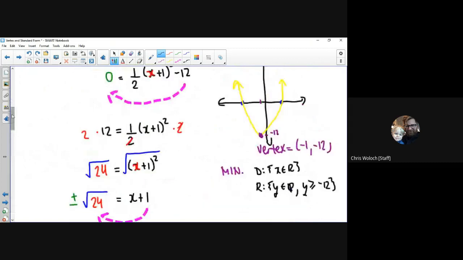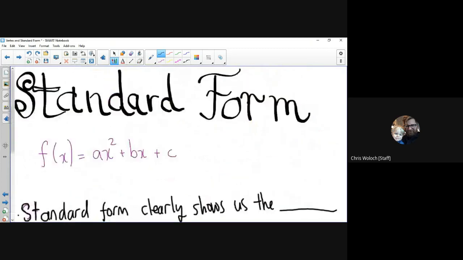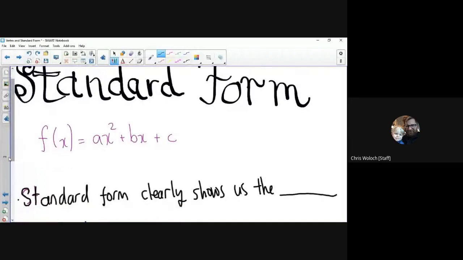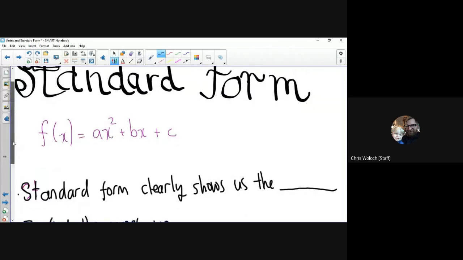Now we're going to talk about standard form. So we're going to do a similar kind of question, but then see how we have to approach it when I'm given an equation in standard form. So again, here's our equation in standard form, the most useless of forms, just because it doesn't really give us much.